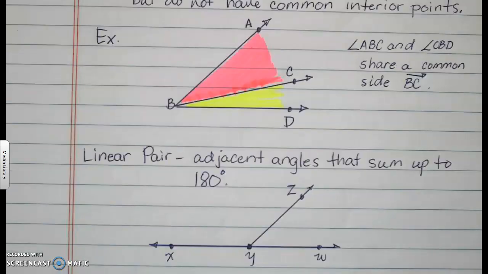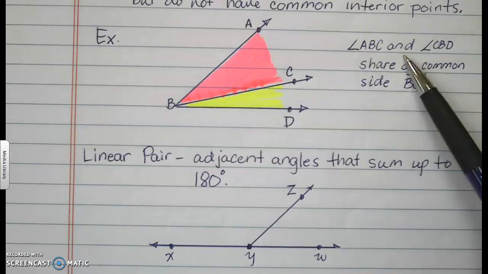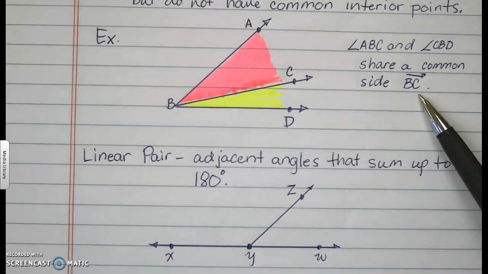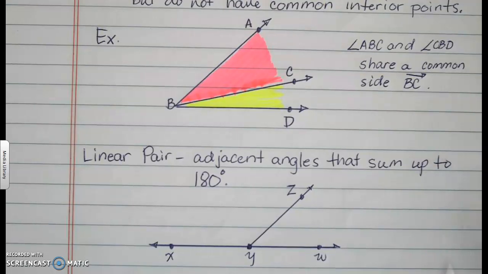Once again, angle ABC and angle CBD share a common side, which is ray BC, and in that case, angle ABC and CBD are adjacent. Let's now go to the next type, which is called the linear pair. A linear pair is made up of adjacent angles that sum up to 180 degrees, such as this example.